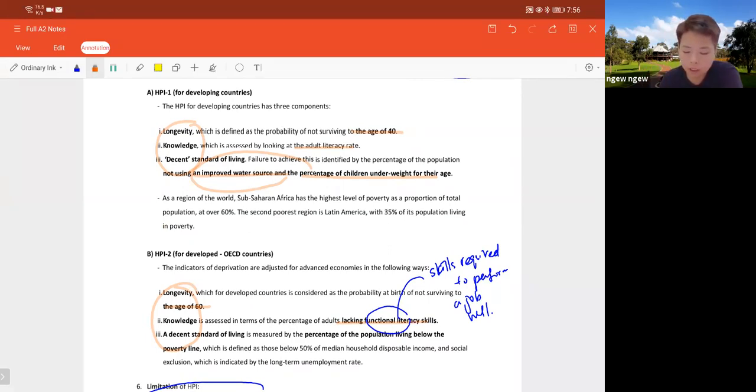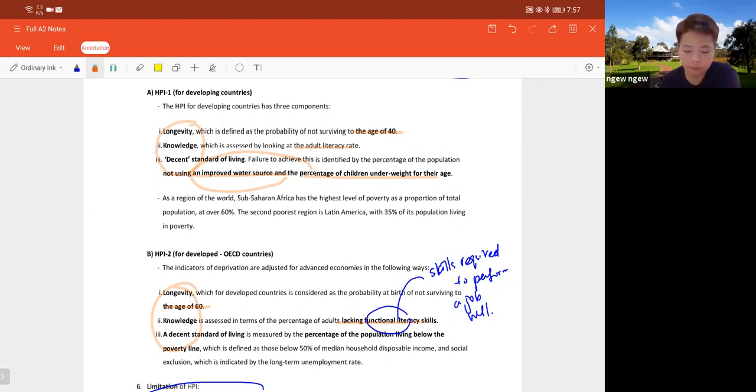And in order to capture the percentage of children underweight, most of the time the countries that fall under HPI-1 are not very educated. If they are not very educated, how are we going to do proper statistical measures for this kind of aspect? That is generally the problem for HPI.